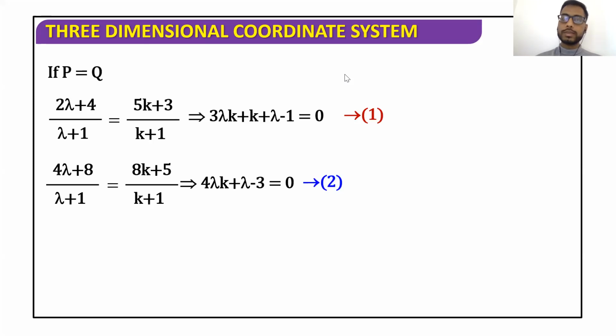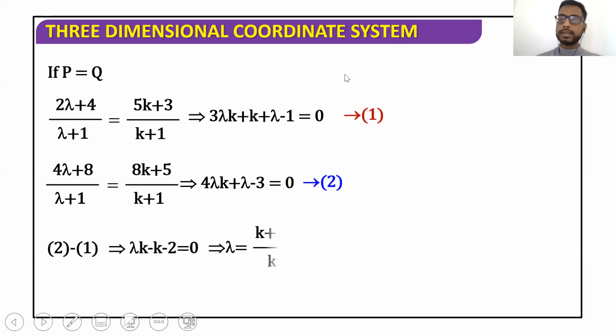I can simplify these two equations. Just do y2 minus y1, or you can say equation 2 minus equation 1. Simplifying, I get lambda value, and substitute the value of lambda in your z coordinates or even in your x coordinates. It won't matter because all the ratios are same.